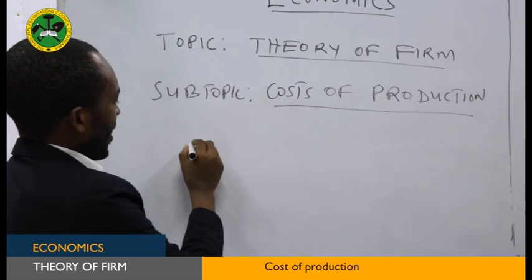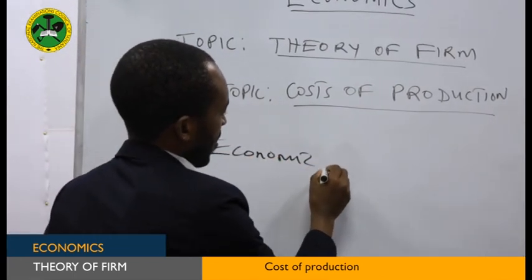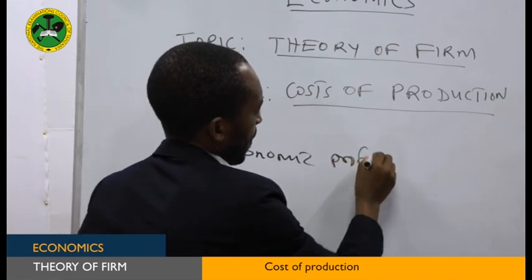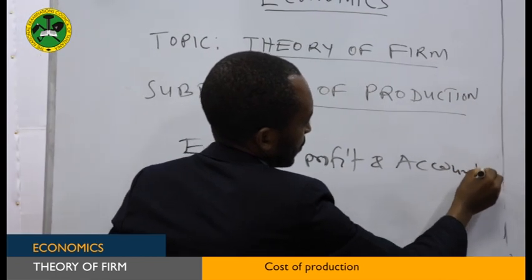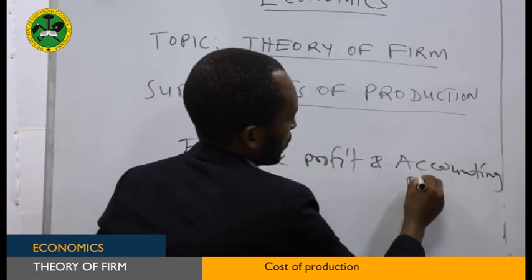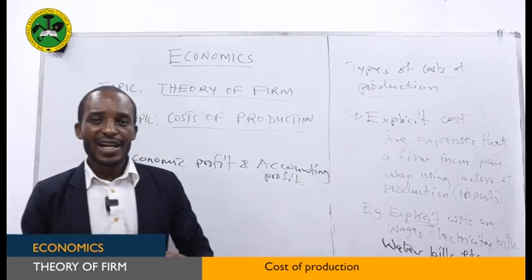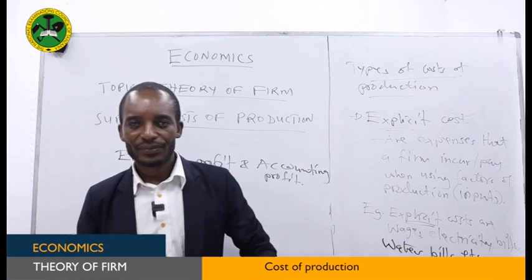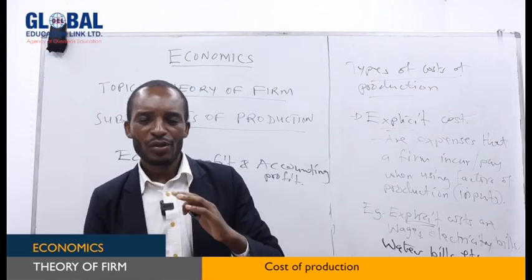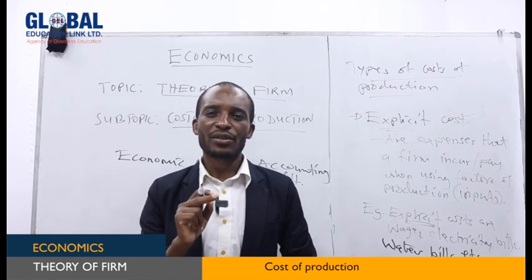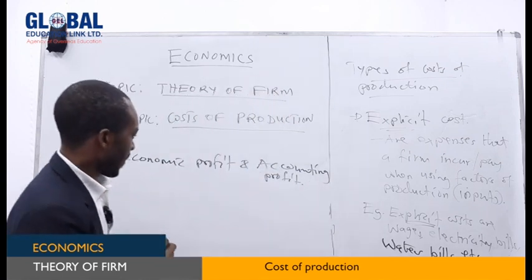Let us see the economic profit and accounting profit. When you are asked to calculate the economic profit, you need to consider also the implicit cost.